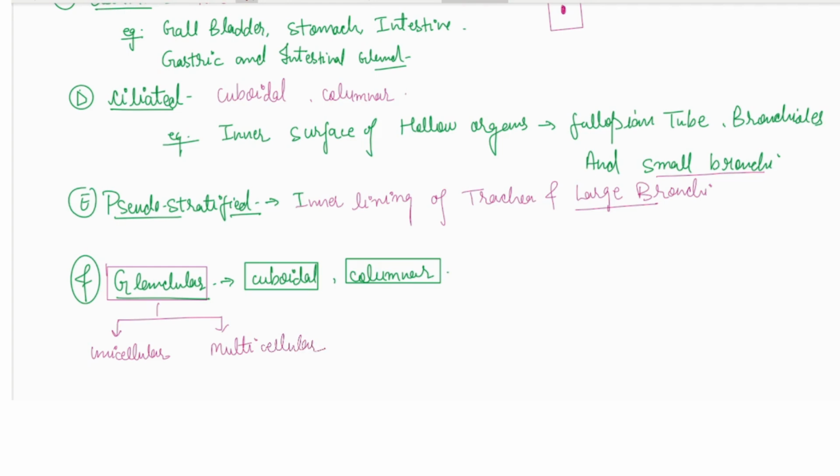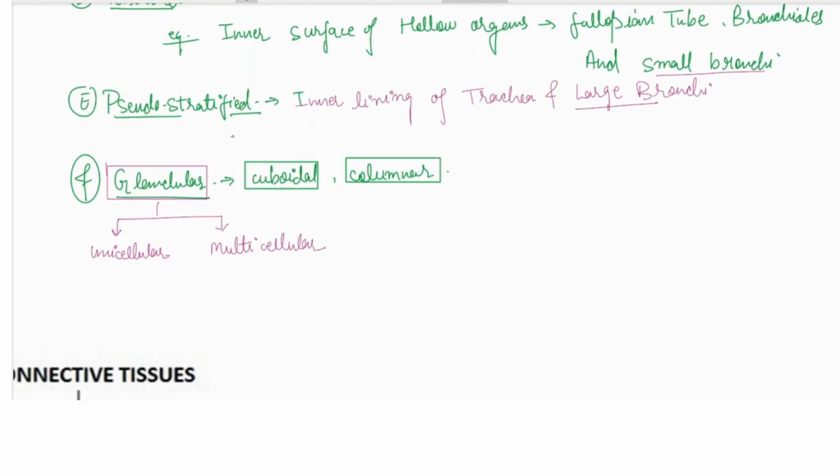okay. Unicellular means glandular epithelium that is isolated, for example the goblet cell, which secretes mucus. Multicellular means it has more than one layer, a cluster of cells.